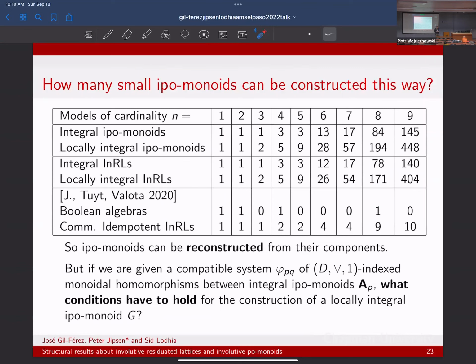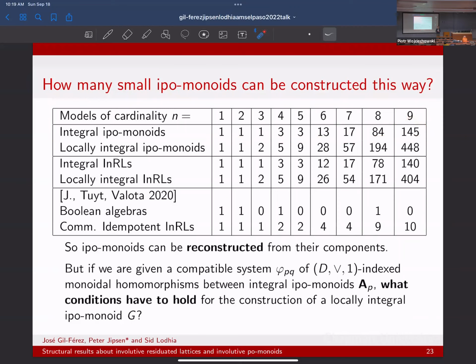Here's an interesting question. How many of these small finite IPL monoids can be constructed from components? So when you calculate small models, you can see that the integral IPO monoids, the ones that we don't fully understand the structure of, there's lots of them on 9 elements, 145 up to isomorphism.